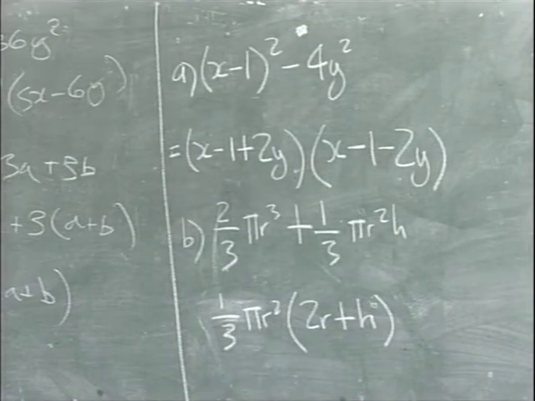And B is the highest common factor method, and the highest common factor we found was 1/3 pi r squared outside the bracket of 2r plus h. That's the answer we got.